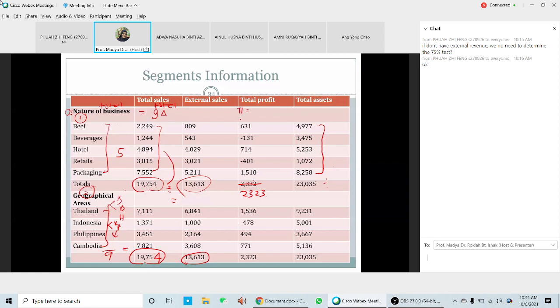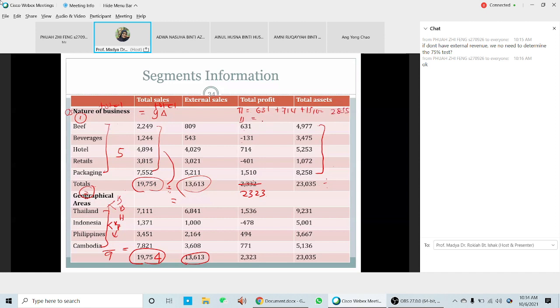Profit and loss, because you have a combination of profit and loss. For profit, the total profit here is from beef, 631 plus 714, and then plus 1510, so you're going to have 2855.